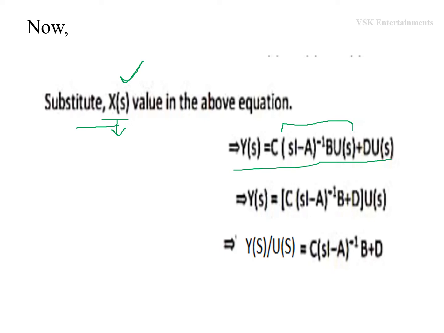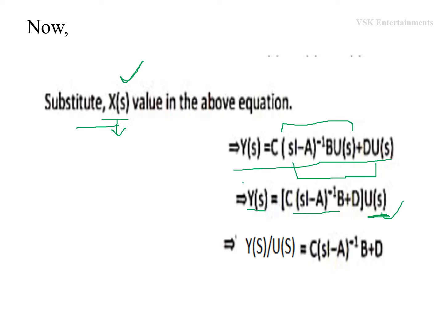Again, in these two terms, take e of s as common. By taking e of s as common, we are getting y of s is equal to C into (sI minus A) whole inverse into B plus D.